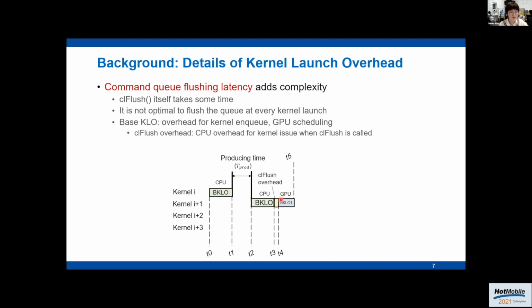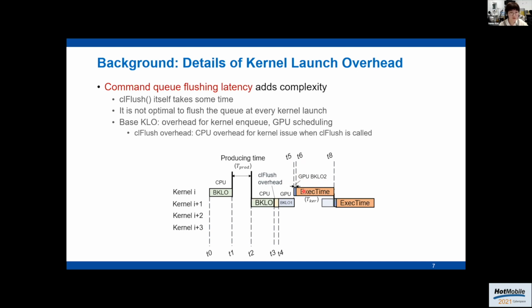The yellow is the cl flush overhead in the host, and the light blue is the related overhead in the GPU. Then the two kernel launch commands in the queue are flushed. Each kernel starts to run sequentially, preceded by some overhead which we denote by GPU overhead.